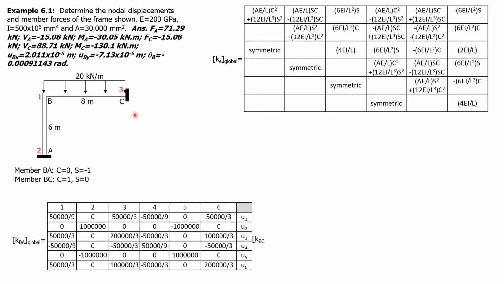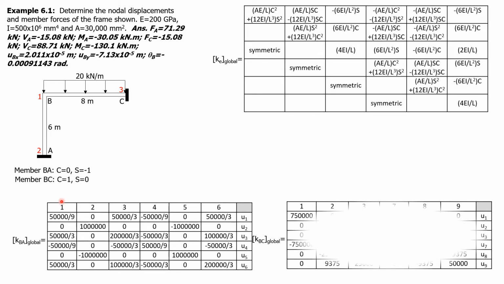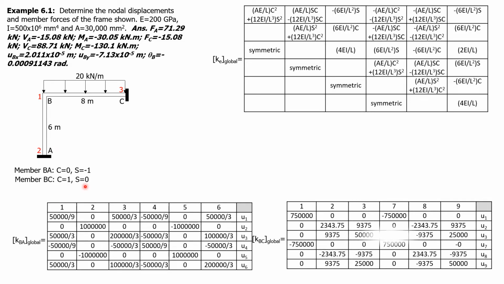For member BC, K BC global, the cosine is 1, the sine is 0. So that's why we have here A, 0.03 times 200. This 200 here is 200 times 10 to the 6 kilopascals, or kilonewton per square meter.